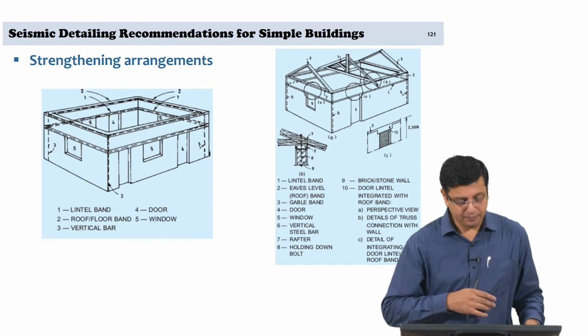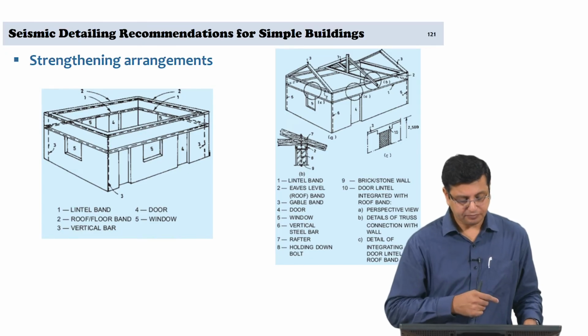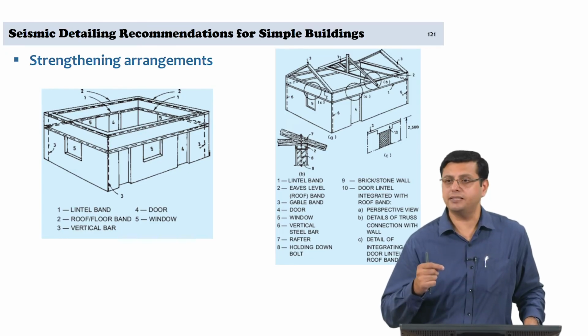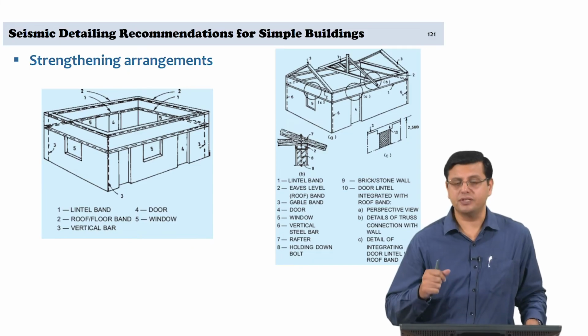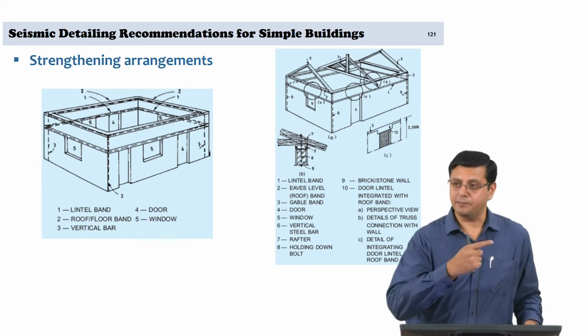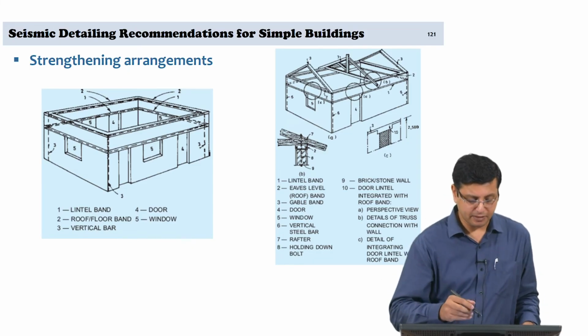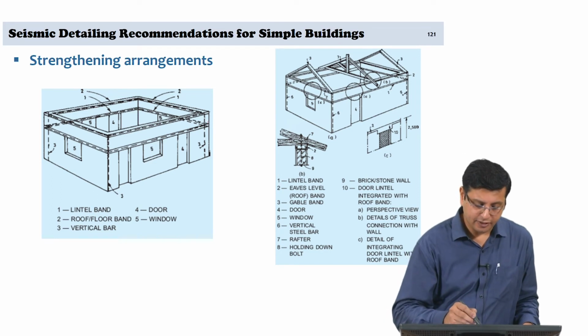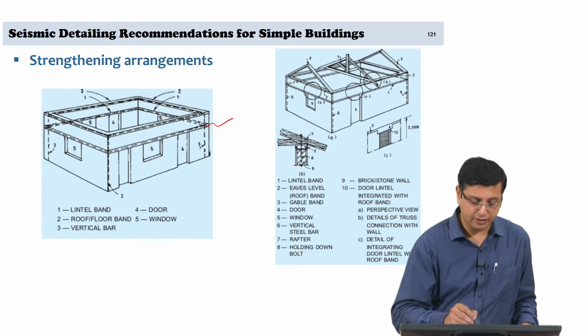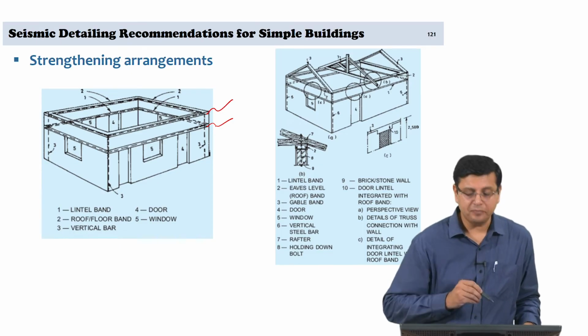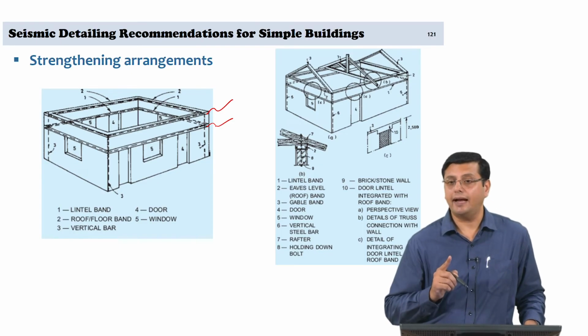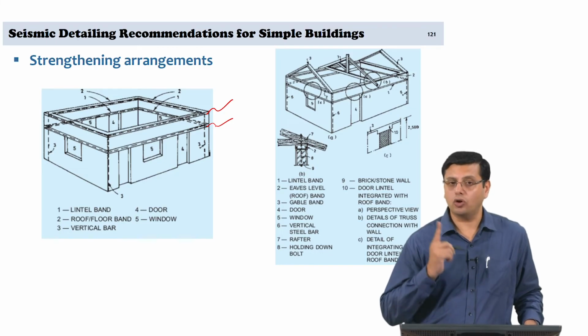So, if you look at the figure on the left, the minimum requirements are in terms of introducing bands, the seismic bands, reinforced concrete seismic bands, and as you can see there are two bands that are shown in the figure here. One is the lintel band, a continuous lintel band, and the second is a band that is running at the floor or the roof level.